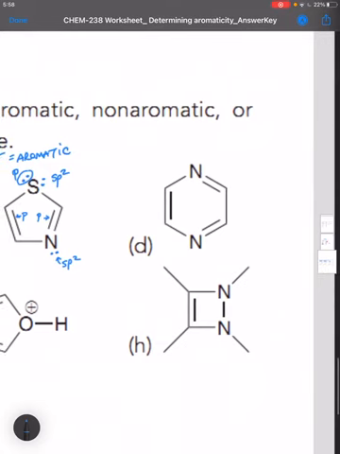All right, when we look at D and we add in those lone pairs, each of these nitrogens looks like the nitrogen in the previous problem. So we know that the lone pairs on both nitrogens are in the hybrid orbital because they're already participating in p orbital overlaps. And so 6 pi electrons, that's aromatic.